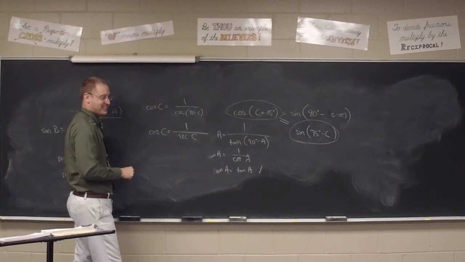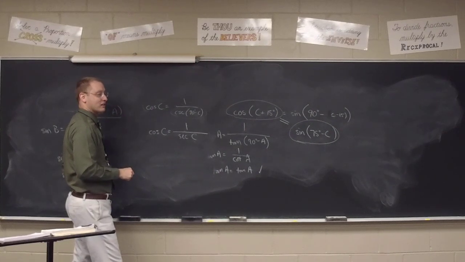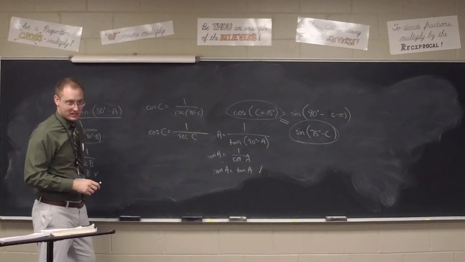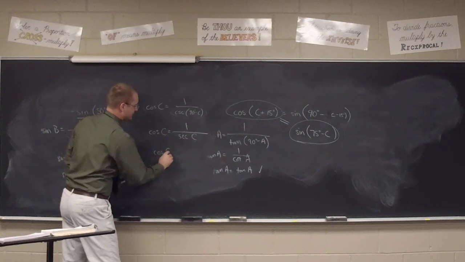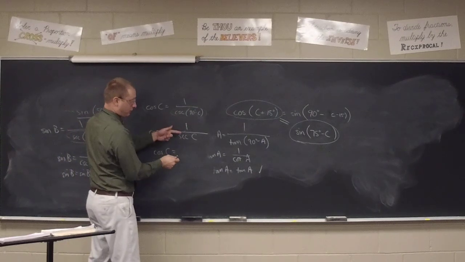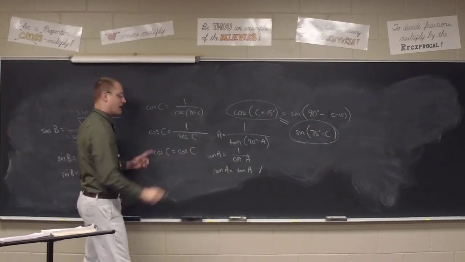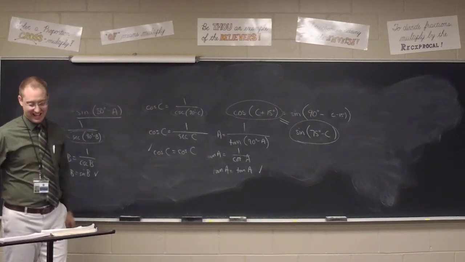The reciprocal of secant, class, is cosine. So the cosine of C has to equal, well in this case the reciprocal of secant is cosine, the cosine of C. You've got to have these memorized.